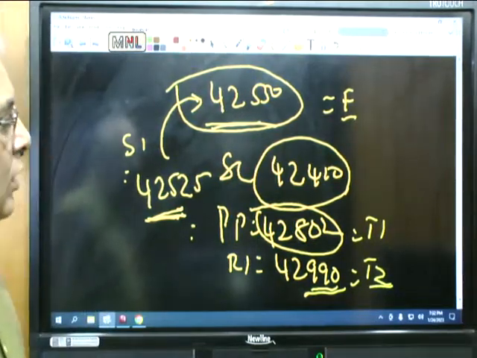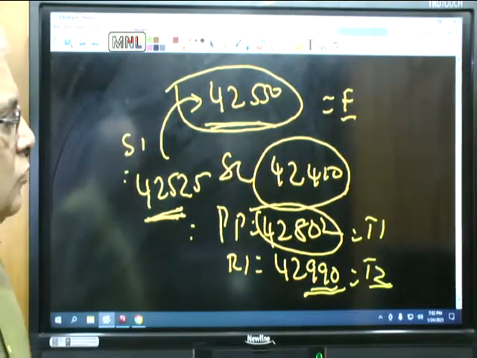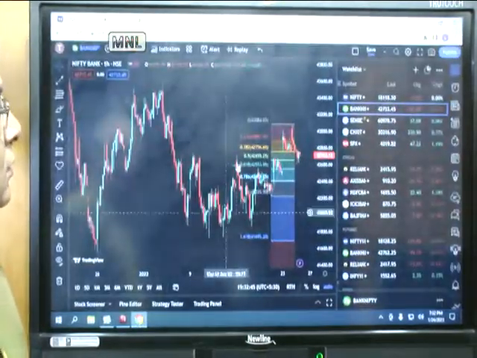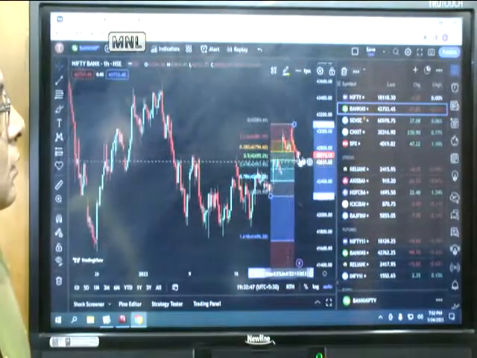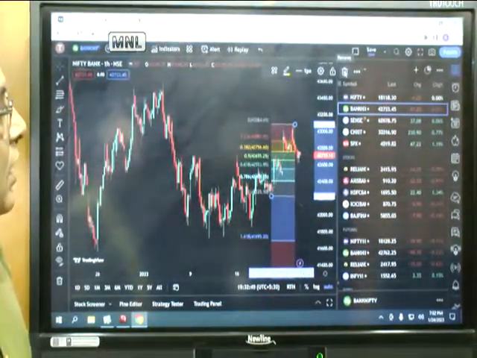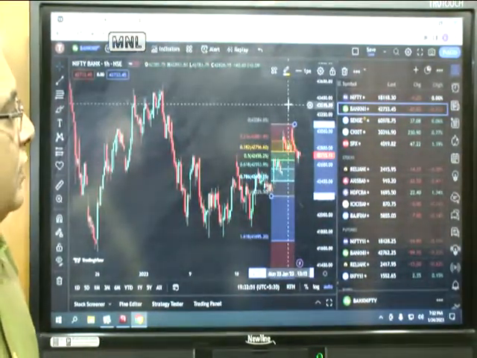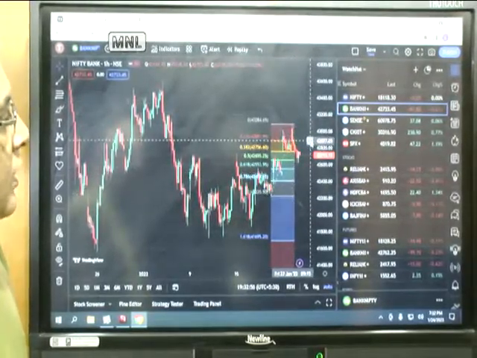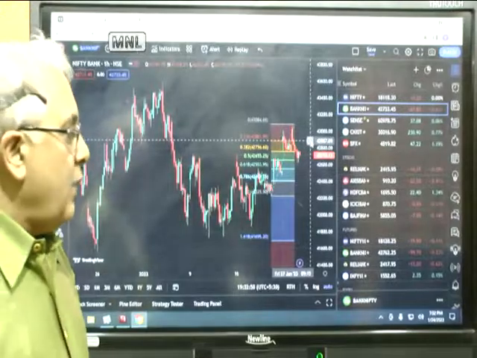But if at all I have to go for a sell, what will I do right now is this. See, the 23.6% retracement came to 42,881.